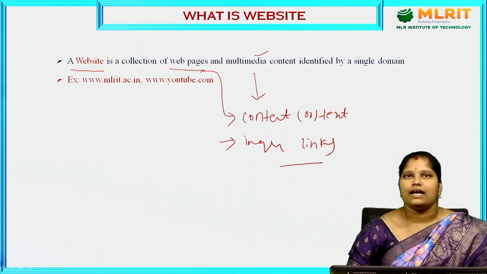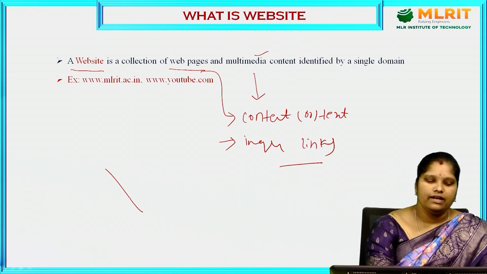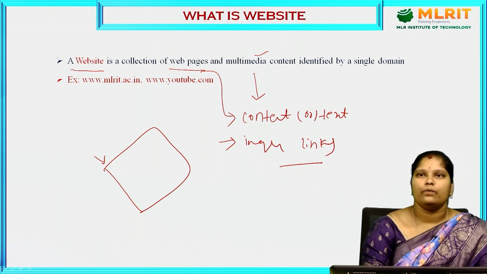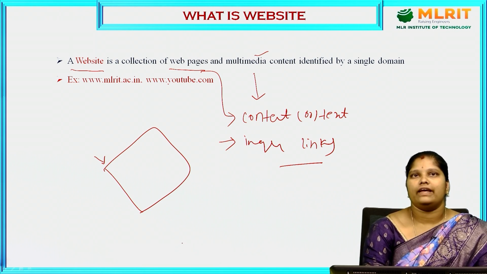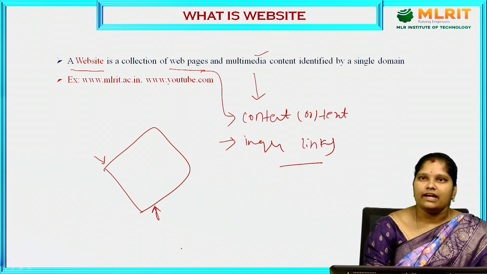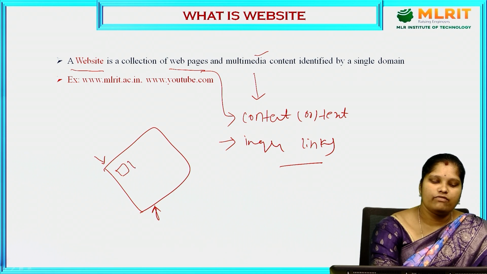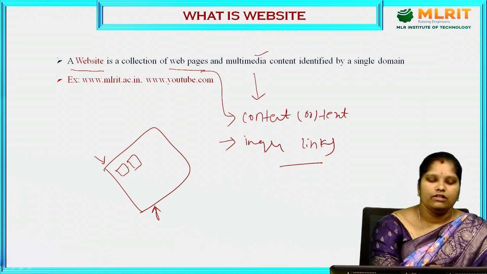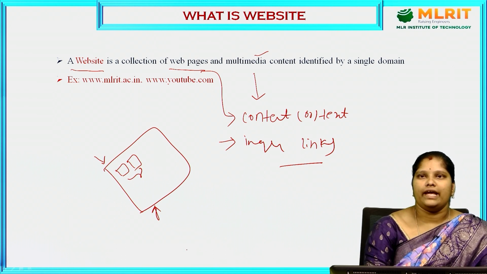A website is a collection of web pages, right? For example, www.mlr80.ac.in is one website, and this website has a collection of web pages: the department page, the login page and so on.